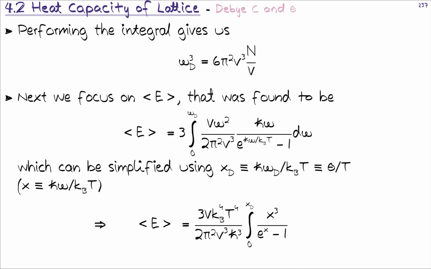So we have x cubed divided by e to the x minus 1. So this follows from a straightforward change of variables in our integral, and we can further clean this up by using the Debye temperature theta term here.